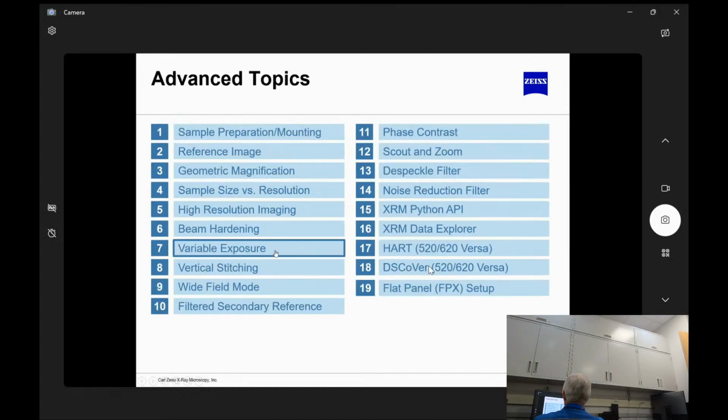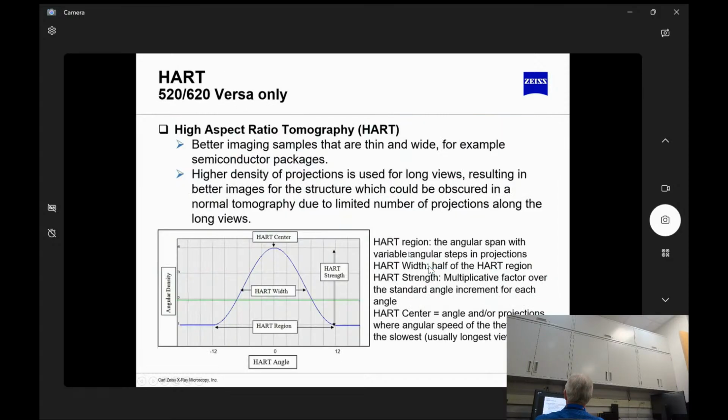In this system, we can look at high aspect ratio stuff. So if I've got something like a circuit board or a thin sheet of something that I want to see the interior structure on and minimize the time that it takes, I can generate this high aspect ratio tomography window, which is centered at the long edge.